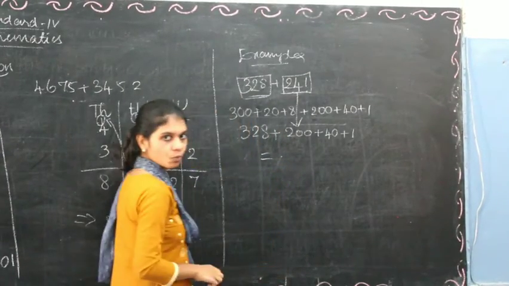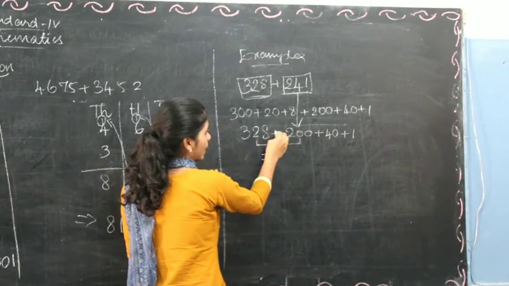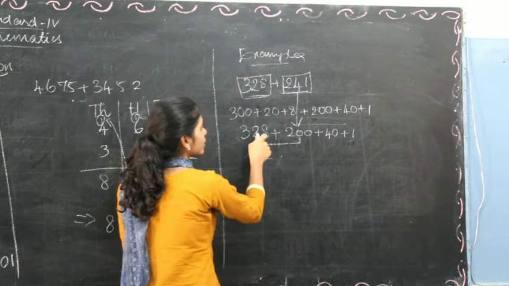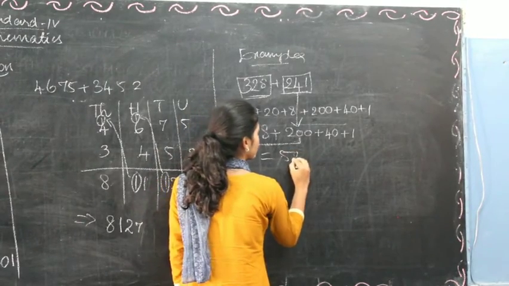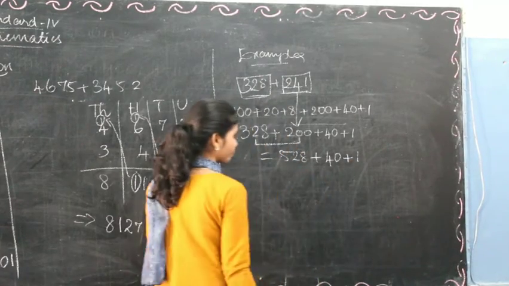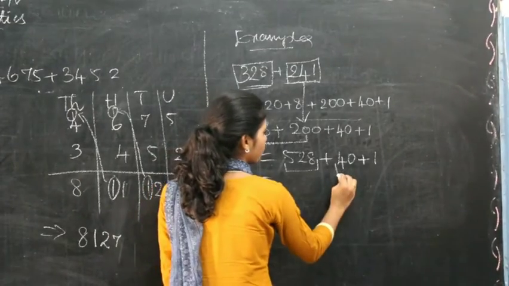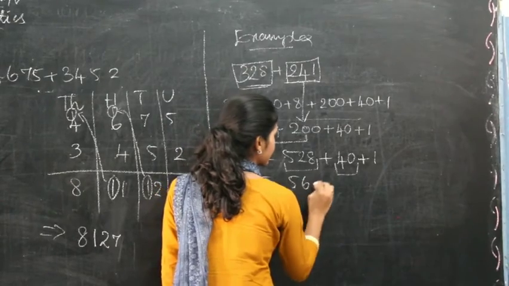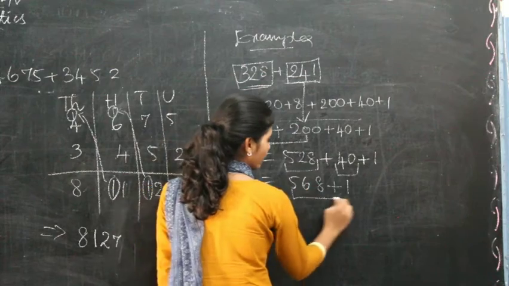So now we are going to add 328 plus 200, which means we are adding 200 to 328, which will give you 528 plus 40 plus 1. So now what we are going to do is add 528 with 40, which will give you 568 plus 1, and then adding this with this.